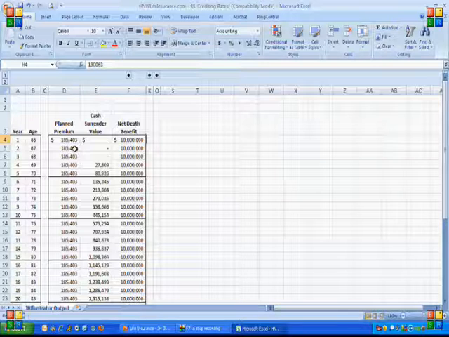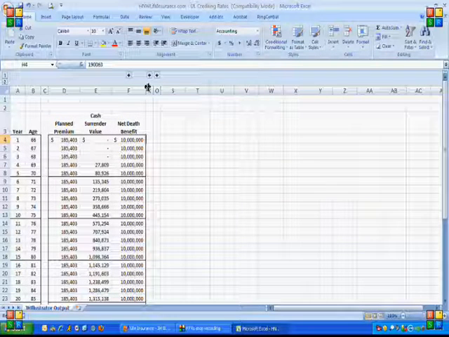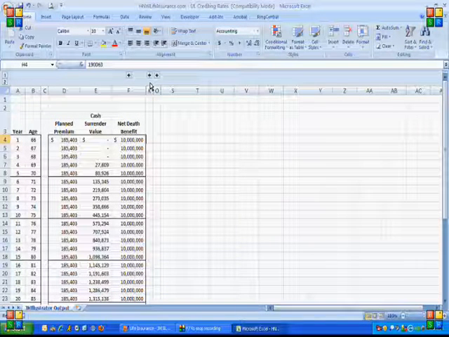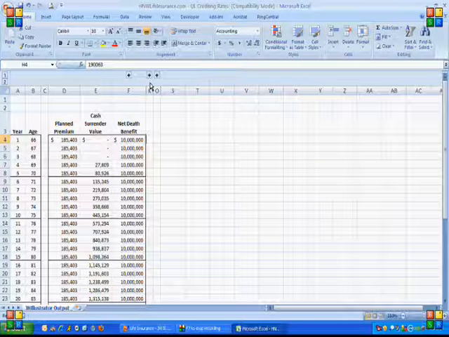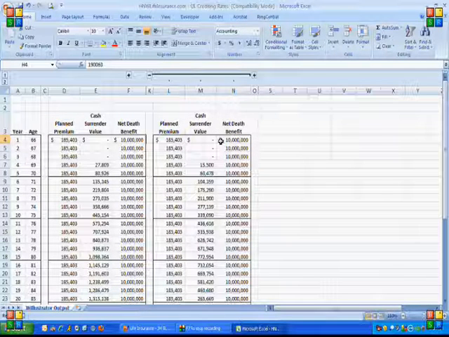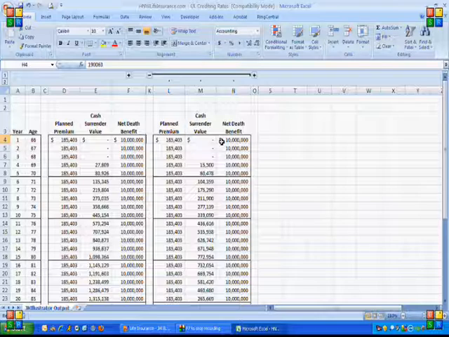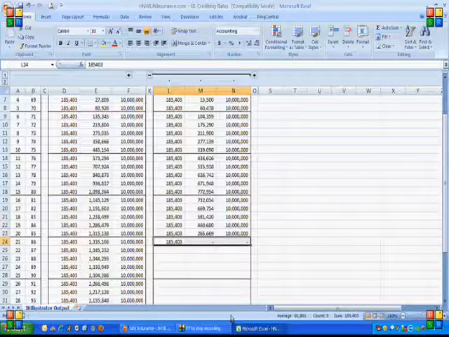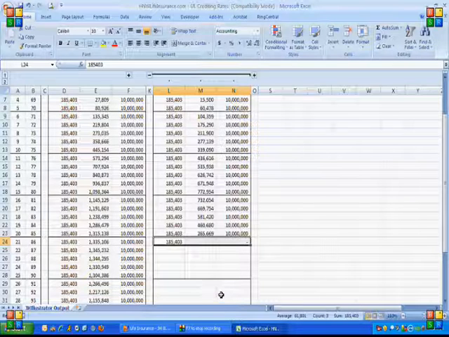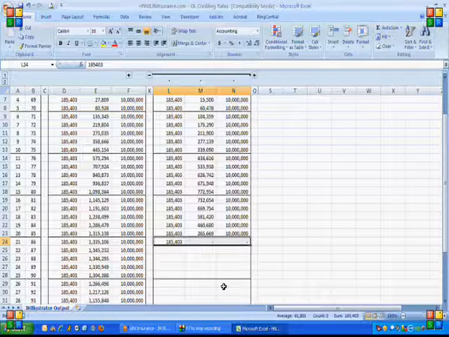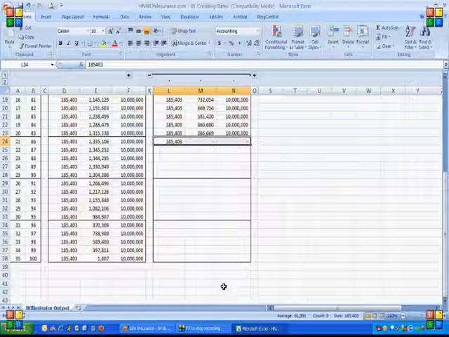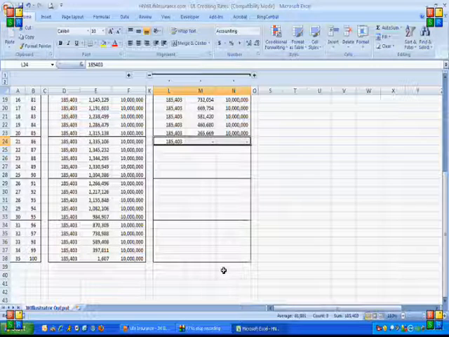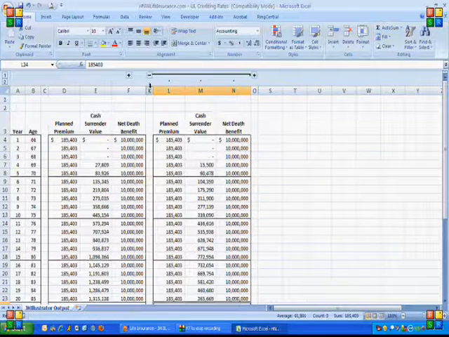Under a different scenario, let's say this 185 that we have today at 5% drops to 4% in the future, and we don't put any additional premium payments into the policy, then that coverage is going to lapse at approximately age 86 or in 21 years, definitely falling short of our goal of funding this to age 100 by approximately 14 years.